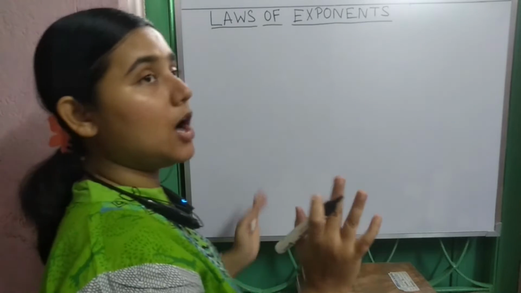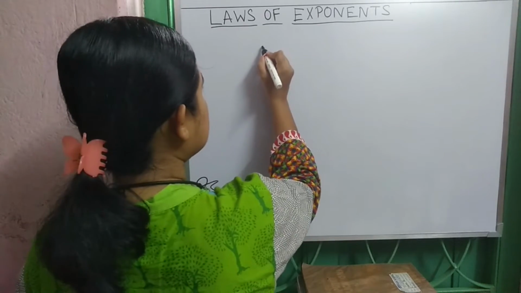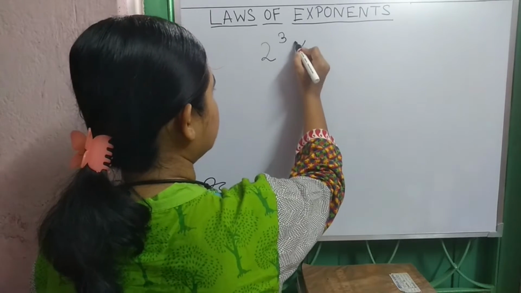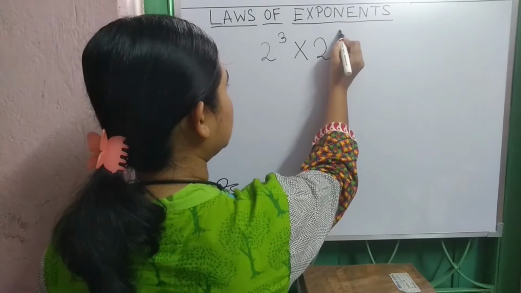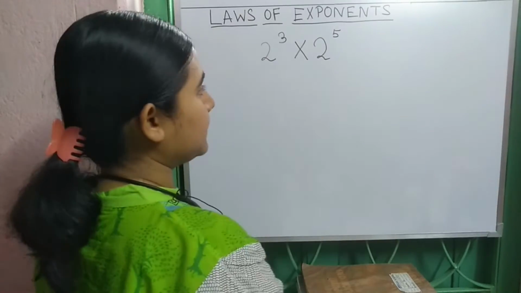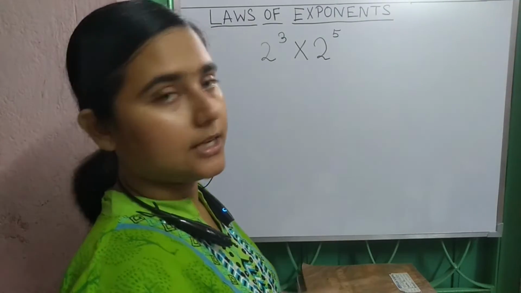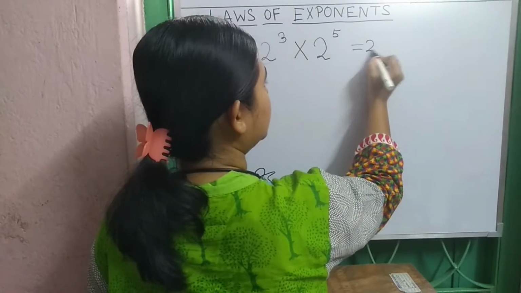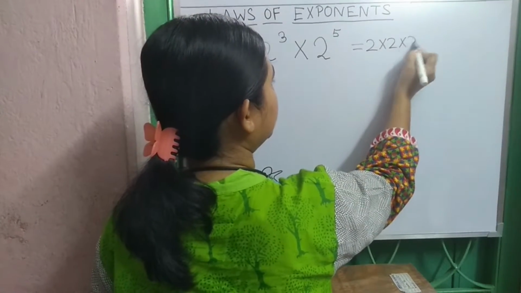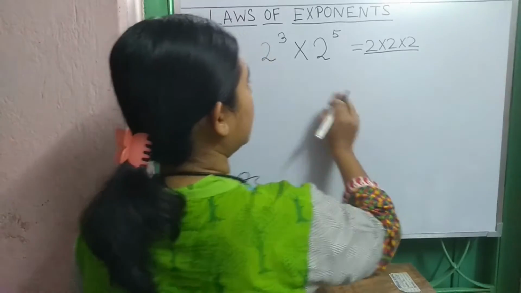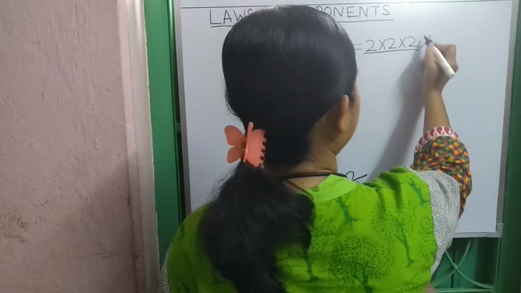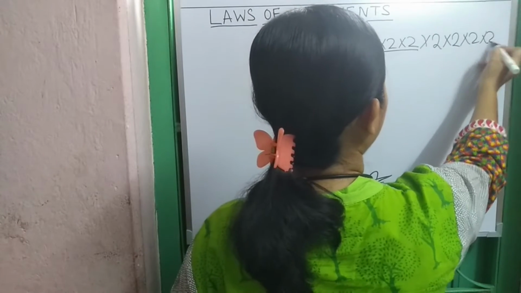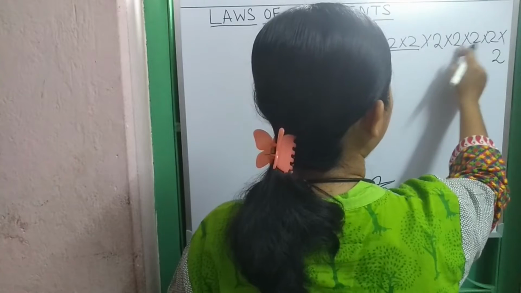Suppose I give you a question like 2 to the power 3 times 2 to the power 5. You can easily solve it: 2 to the power 3 means 2 into 2 into 2, and 2 to the power 5 will be 2 into 2 into 2 into 2 into 2.